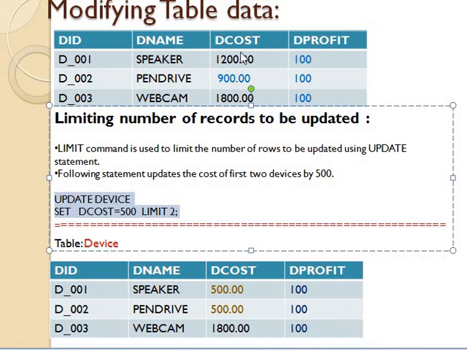As a result, I shall be able to update the dcost value to 500 for the first two devices, that is speaker and pen drive, and that is possible with the help of this SQL statement, that is update device set dcost equal to 500 limit 2.